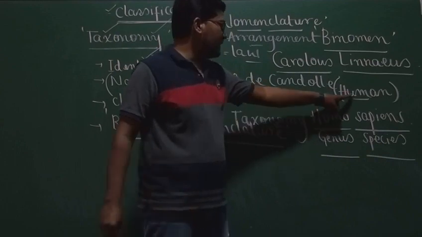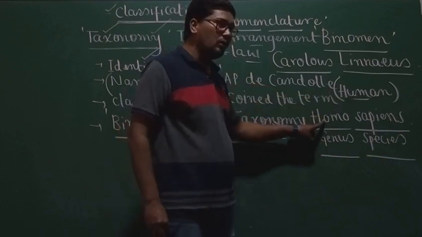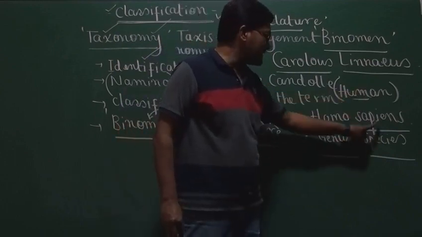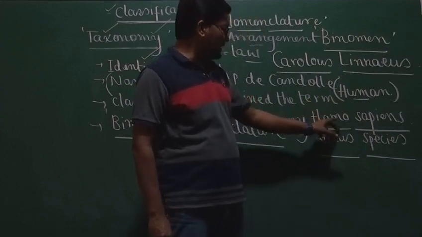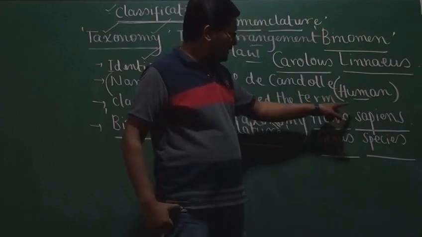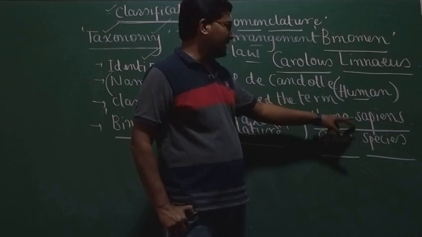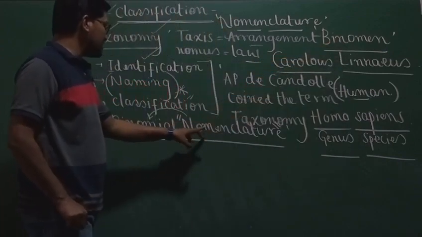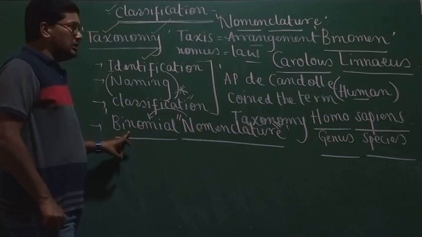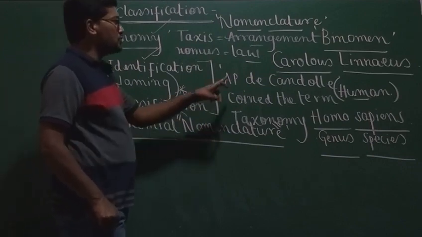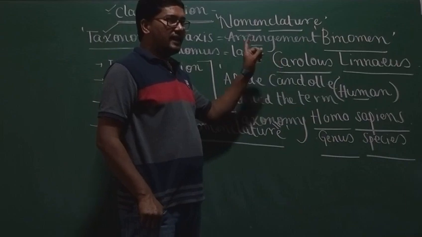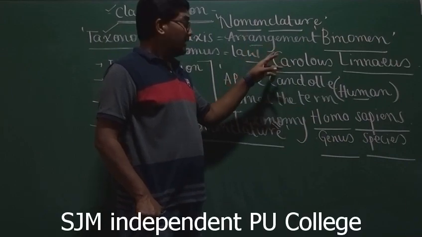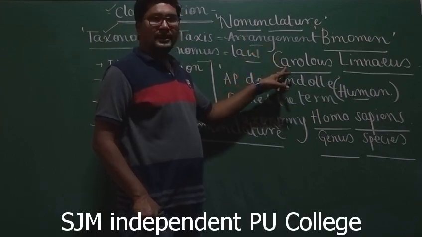So we humans belong to genus Homo and we belong to the species sapiens. And such a name having two words in it is called binomial. And this practice of nomenclature is called binomial nomenclature, and it is proposed by whom? Carolus Linnaeus.